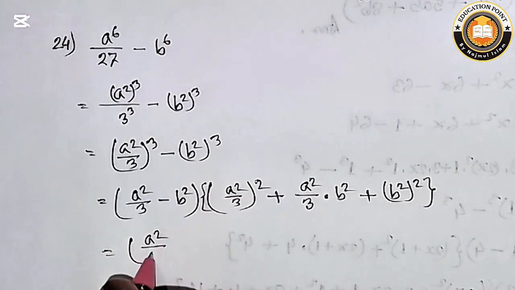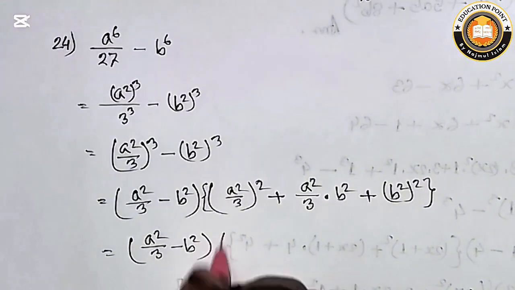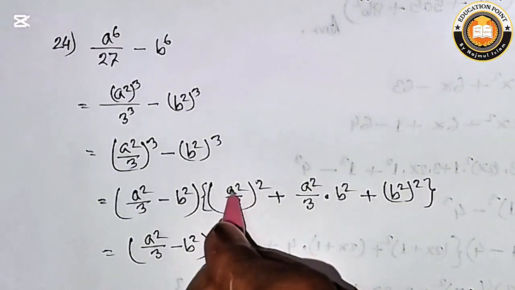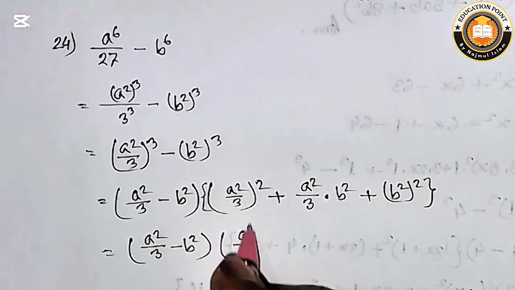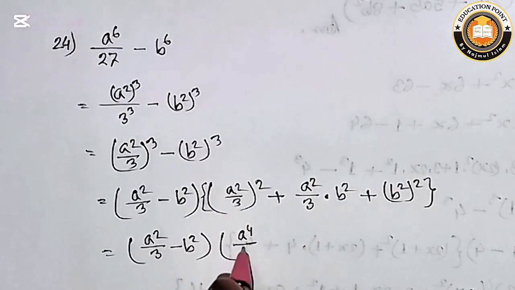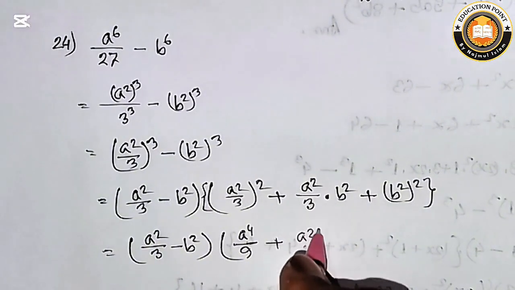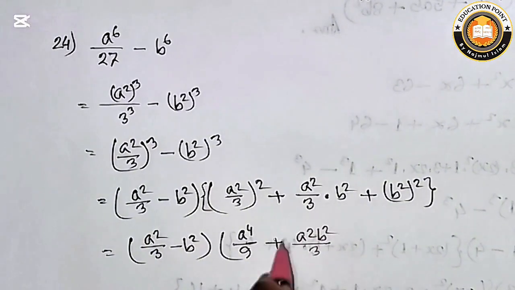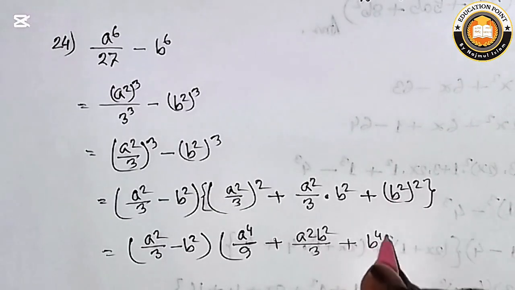A square by 3 minus b square, a square whole square equal a to the power 4, square value of 3 as 9, plus a square b square by 3 plus b square whole square equal b to the power 4.